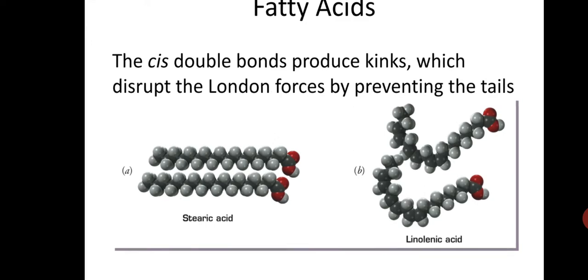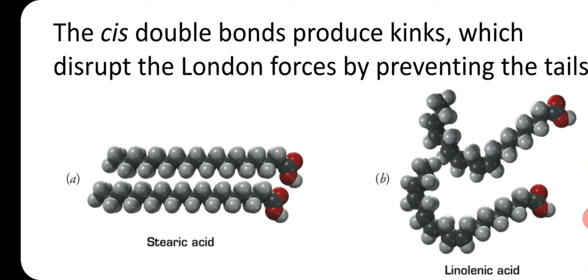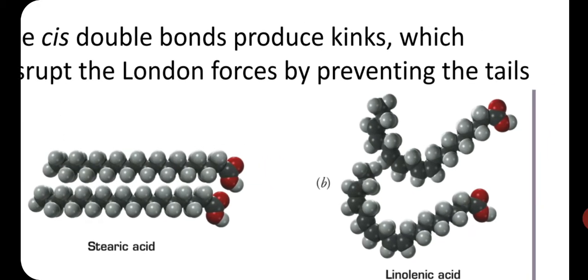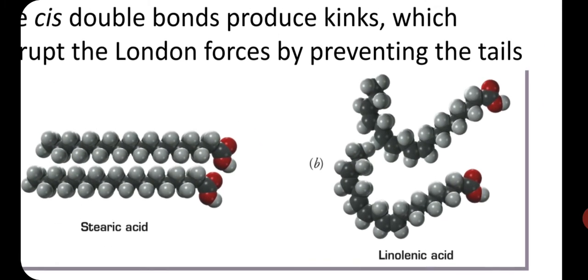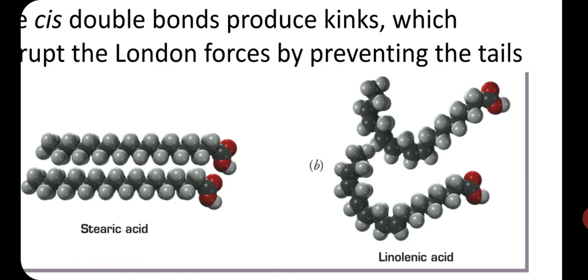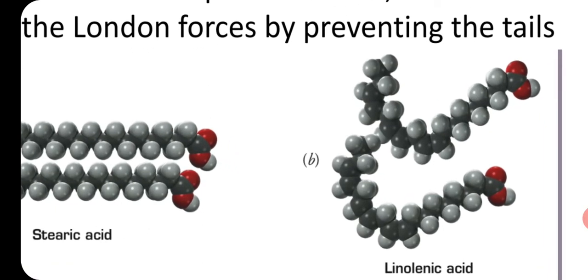Now see, this is stearic acid, and if you remember, stearic acid is a saturated fatty acid, with straight bonds. Now if you see linolenic acid, where three double bonds are present, it produces a kind of distorted structure like this.